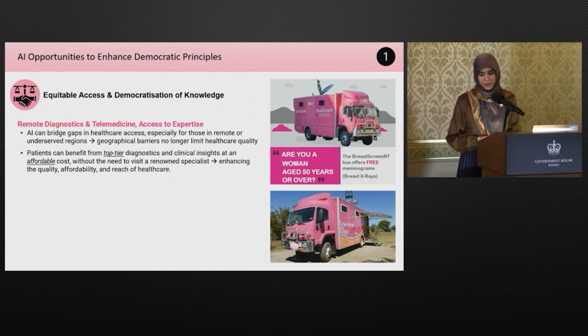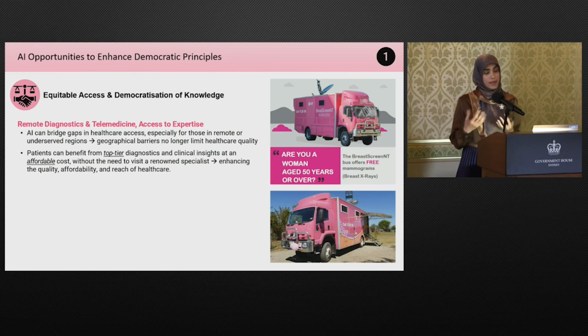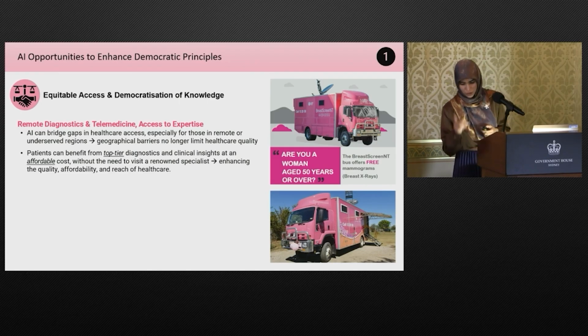First and foremost, equitable access and democratization of expertise. AI has the capacity to enable access to diagnostics and expertise anywhere and at any time. What you see in the image is, I don't know exactly what you see. Do you see the bus?